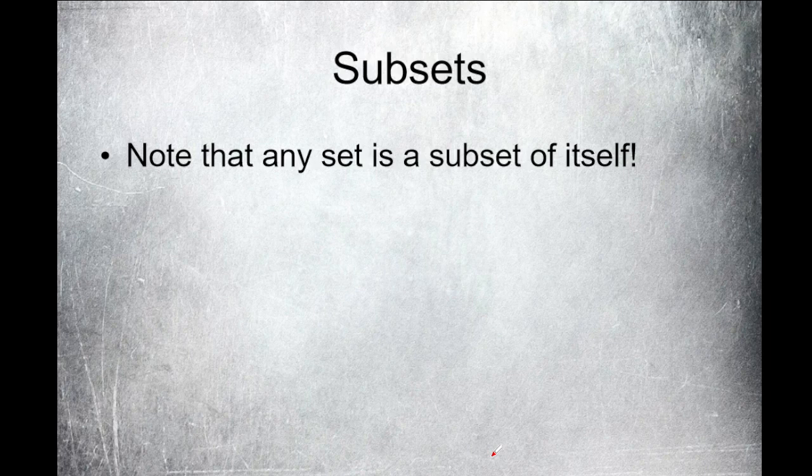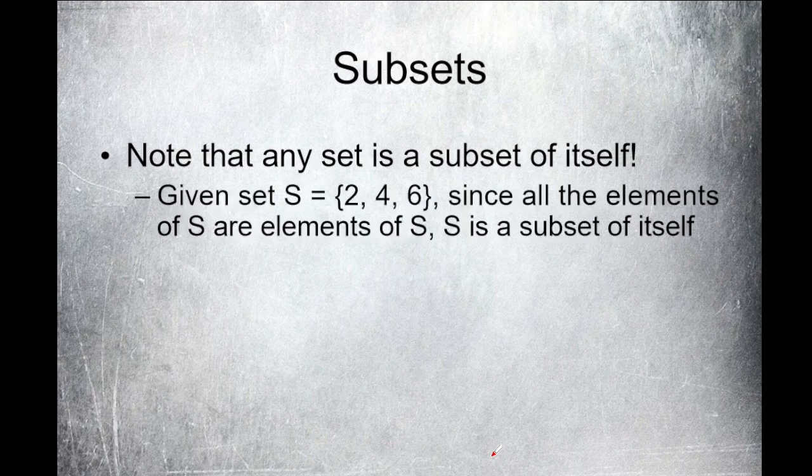Now we can say that any set is always a subset of itself, because if I say 2 4 6, and I consider another set S2 with 2 4 6, it is a set of itself. So all the elements are present in itself, so we can say that it is a subset of itself.